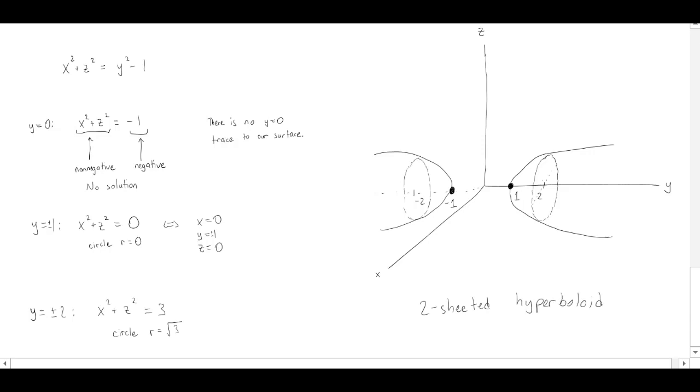You can see why it's called a two-sheeted hyperboloid this time, right? Because there are two sheets, one here and then one here. Any questions about that?